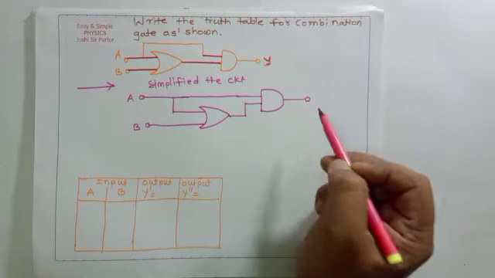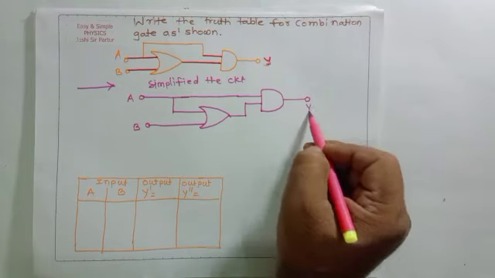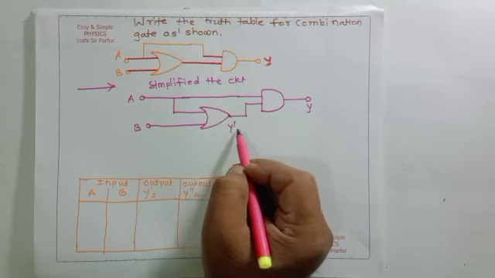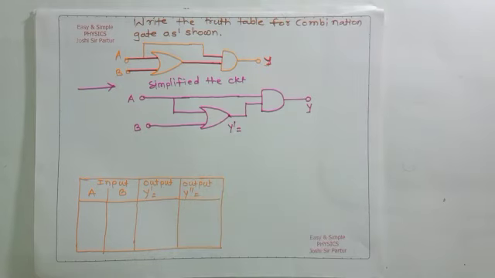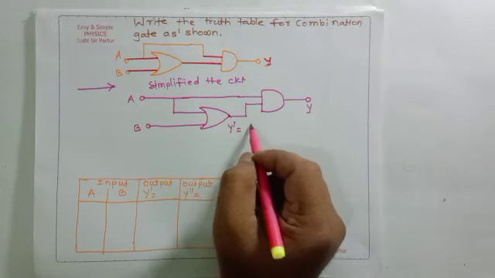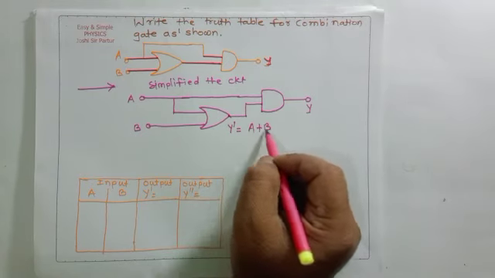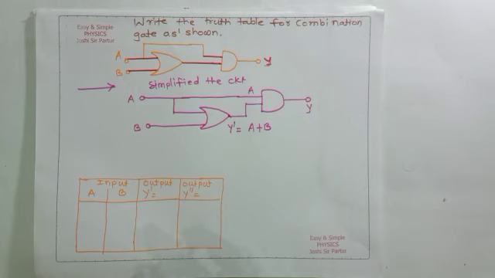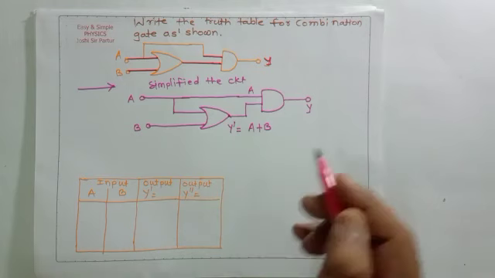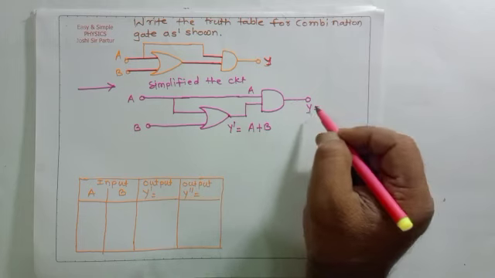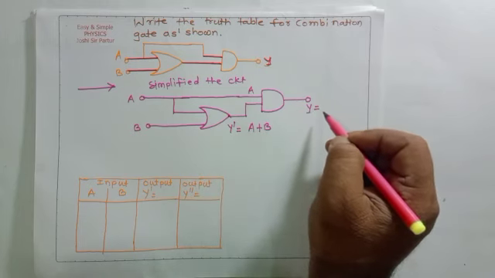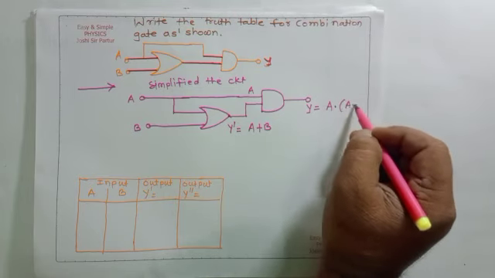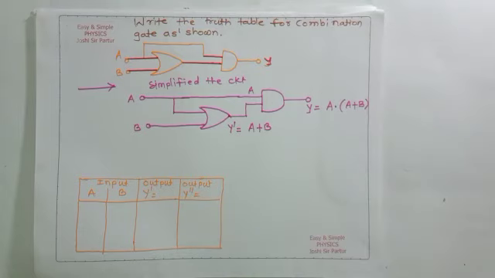So the AND gate has output Y. The OR gate has output Y dash, so Y dash will be A or B. Here A and A or B are the inputs of the AND gate, so the output Y of the AND gate will be A and (A or B).